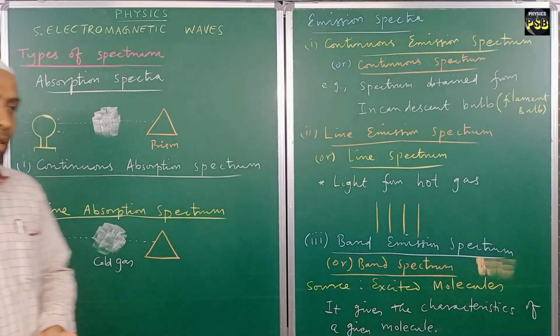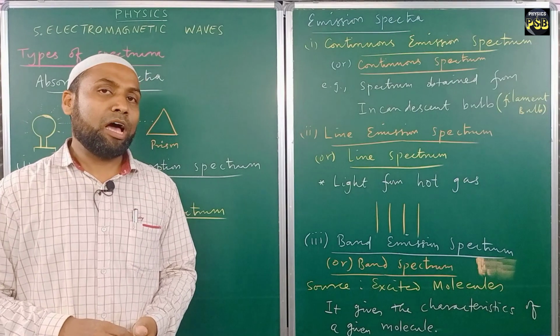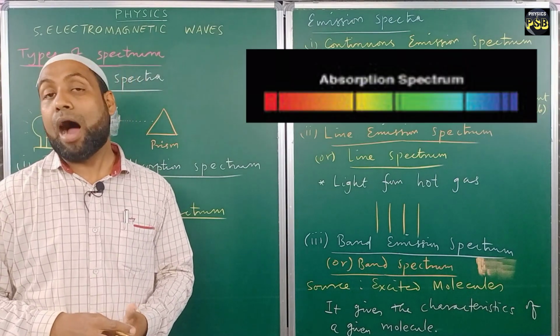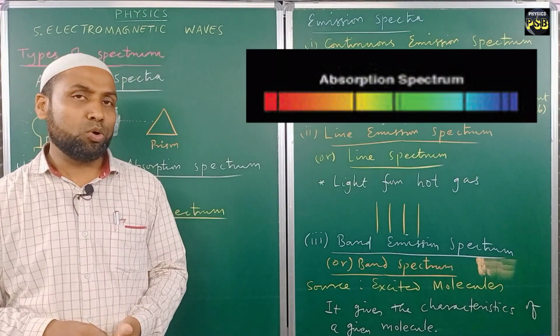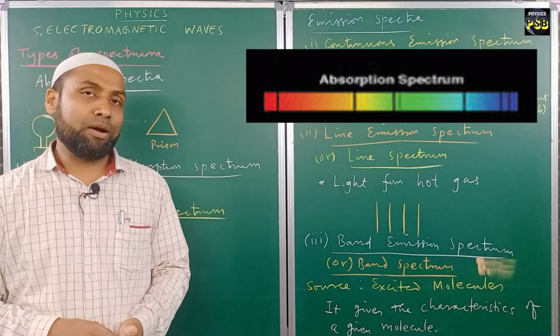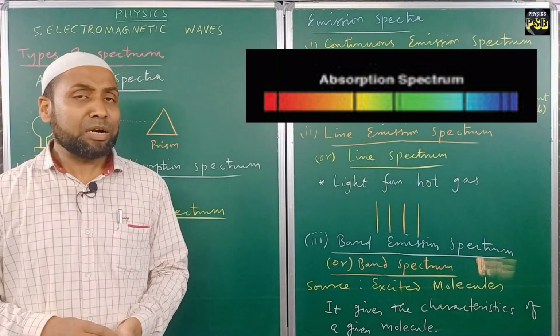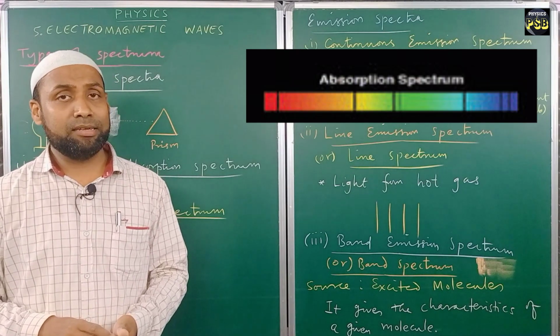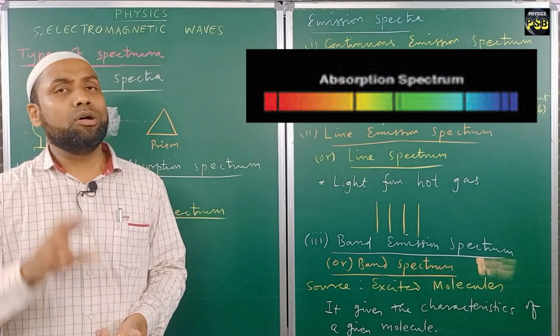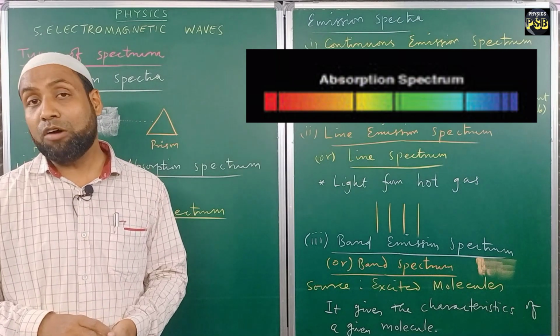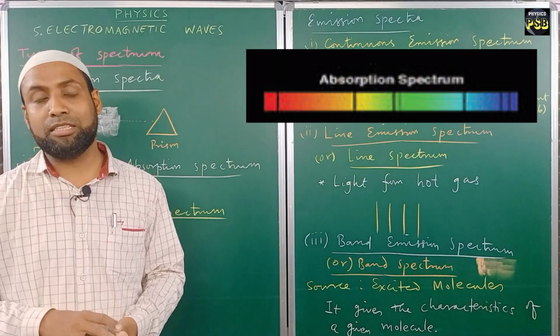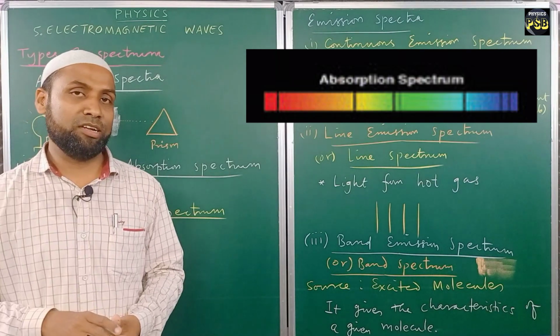For example, if we allow white light from an arc lamp to pass through sodium vapor, then the spectrum obtained on the other side will have two dark lines in the place of the yellow region.